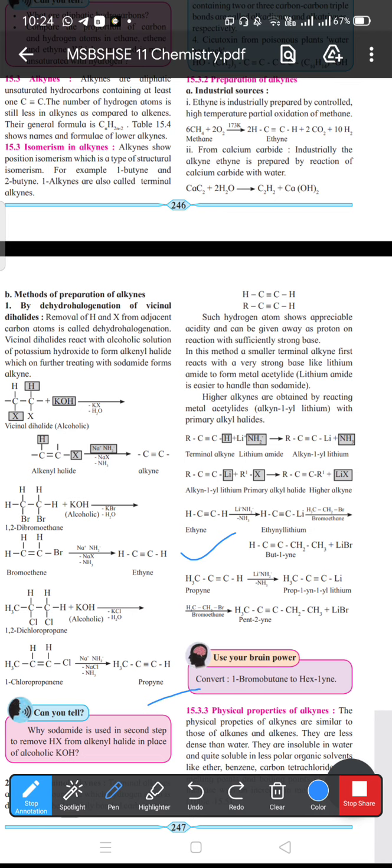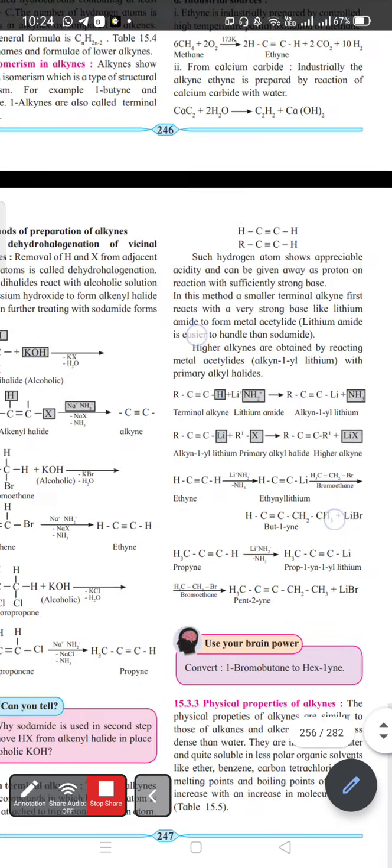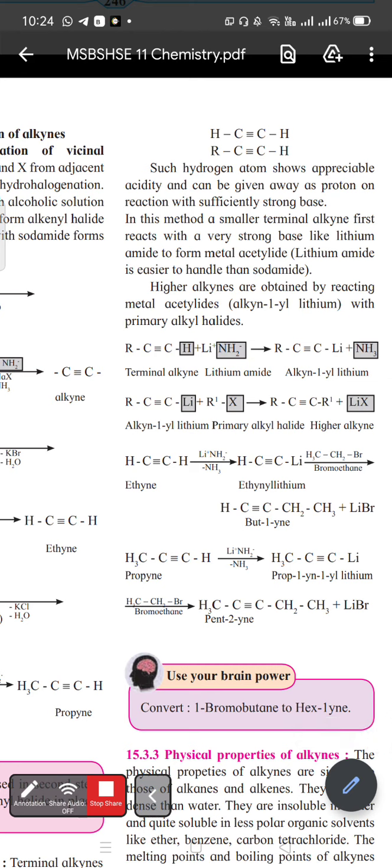Ethyne reacts with lithium amide, with loss of ammonia. From that we can get lithium ethynide, which in the presence of bromoethane gives but-1-yne along with LiBr.